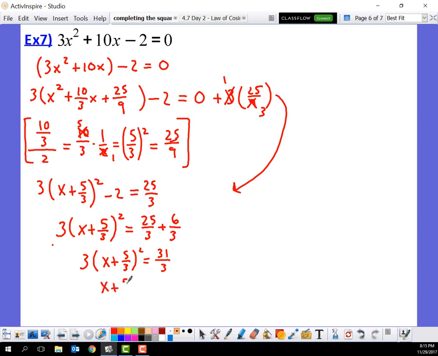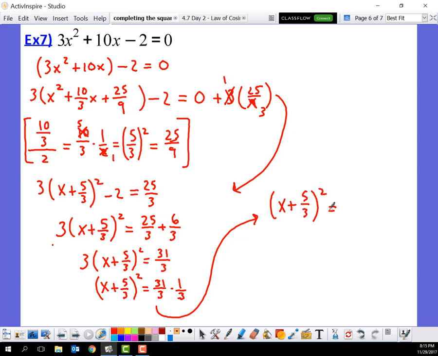We get x plus 5 thirds quantity squared equals 31 thirds times 1/3, because remember, multiplying by 1/3 is the same as dividing by 3. So I'm already out of room, and I'm at this, the quantity x plus 5 thirds squared equals 31 over 9.